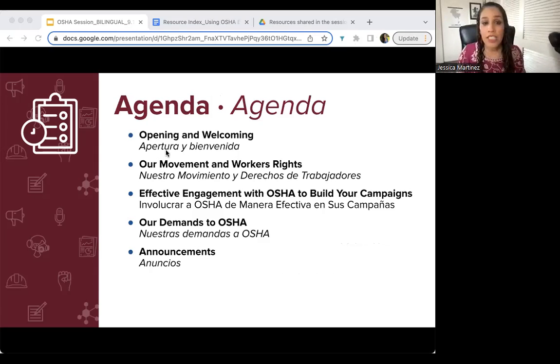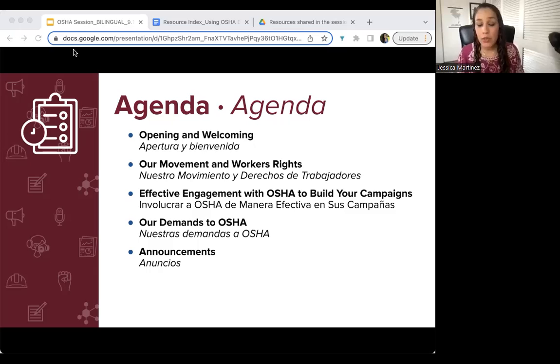So in terms of our agenda, we're going to start off with a general overview of your worker rights. What are our rights under OSHA? And then we'll move into some regional examples of how different organizations that we've invited on this call today have used OSHA effectively to build their campaigns and engage their members in that effort.